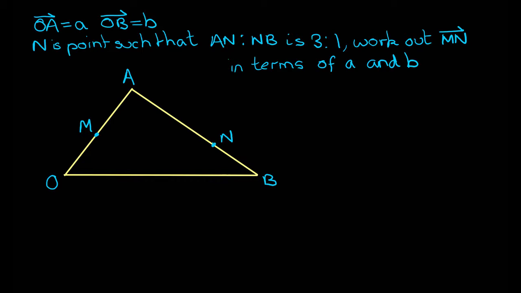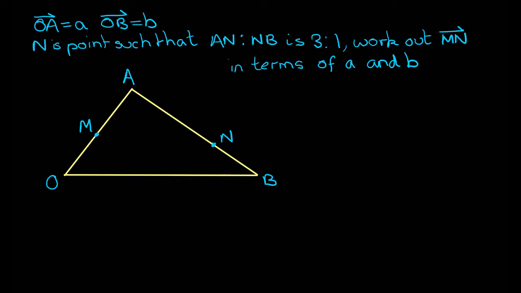So new diagram, same old OA, OB given to us as before. We've been told, however, in this case that N is not halfway along AB, but we've been given a ratio which will allow us to work out how far along AB N is. Ultimately, what they've asked us to work out is what MN is.